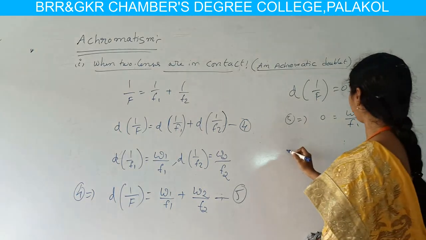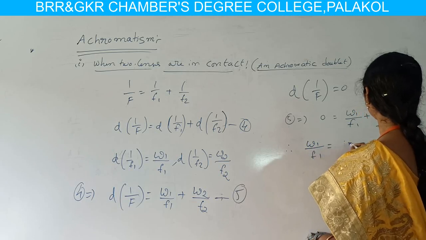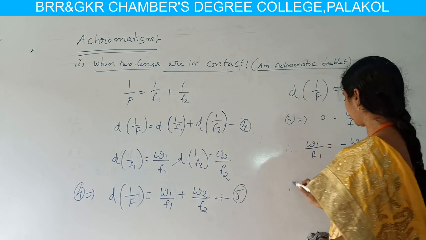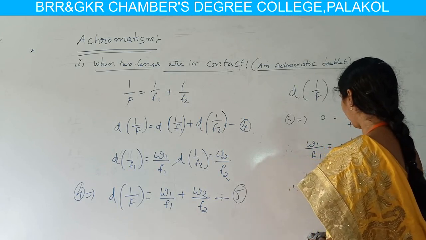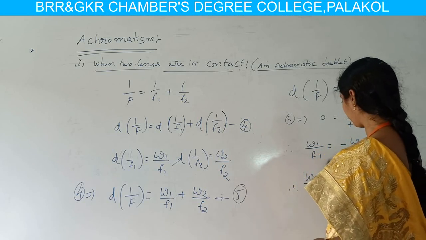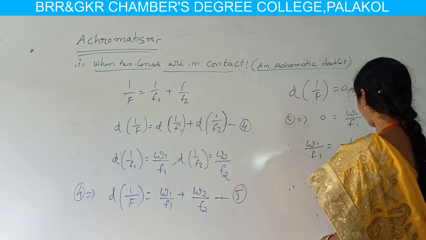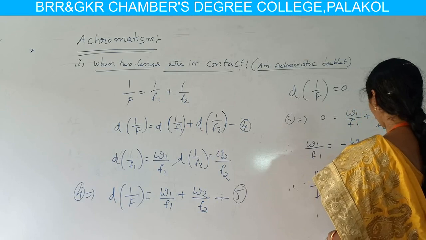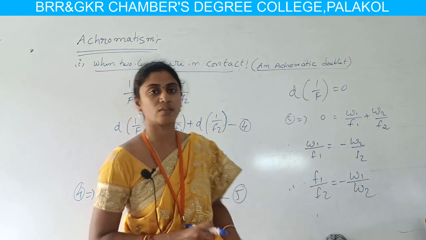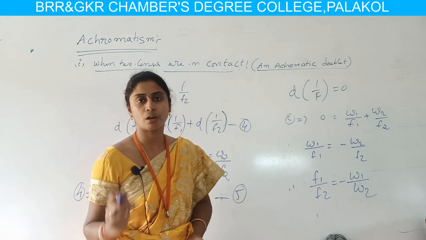So, therefore, omega 1 by f1 is equivalent to minus omega 2 by f2, and we can write f1 by f2 equal to minus omega 1 by omega 2. Here the ratio of focal lengths is equivalent to the ratio of dispersive powers of the lenses we considered.